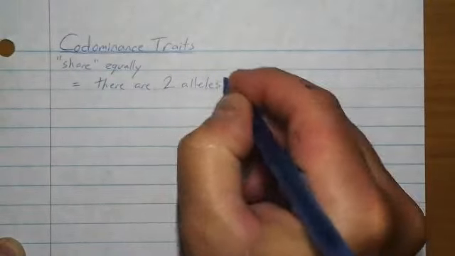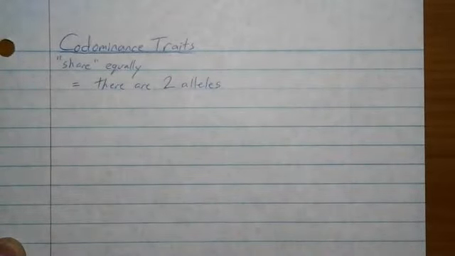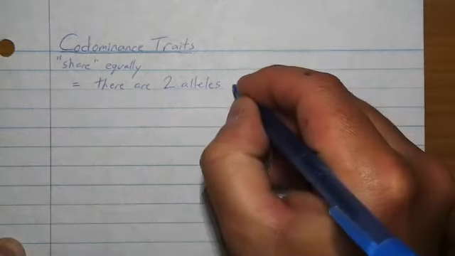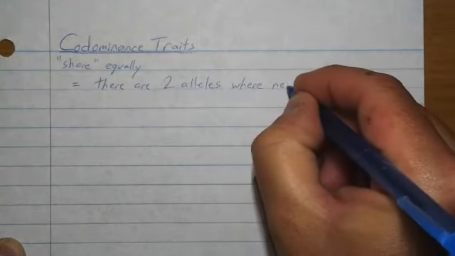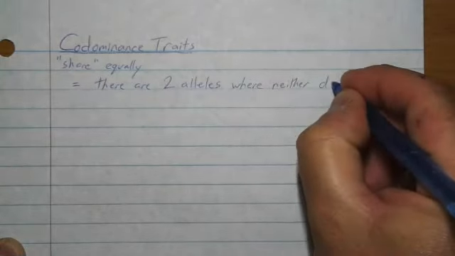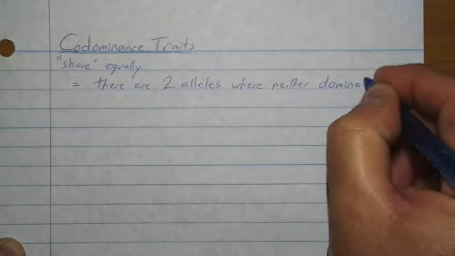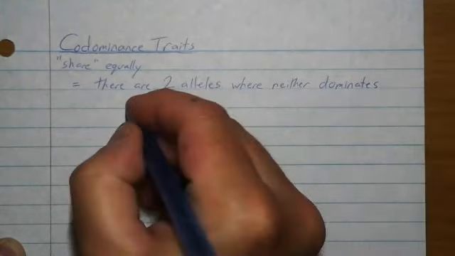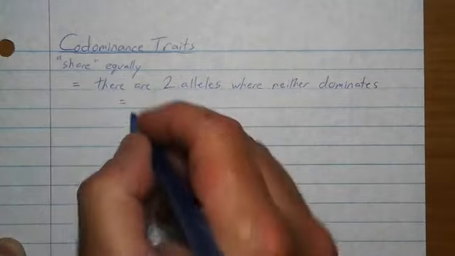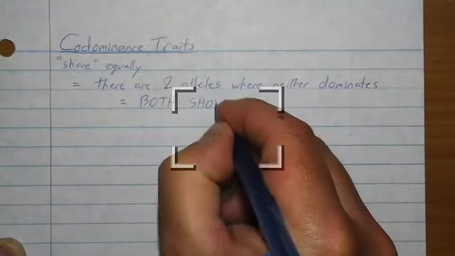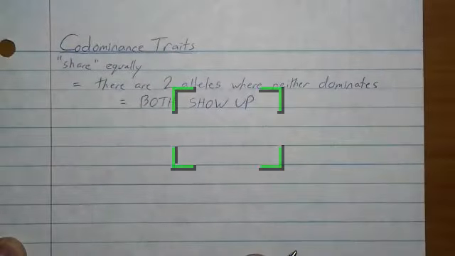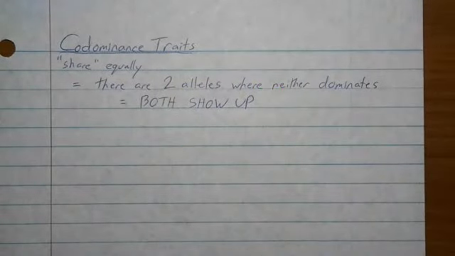Remember, alleles are the possibilities for a certain trait. So there's two possibilities where neither one of them dominates. And because they share equally, they both show up. Okay? That's the only twist.